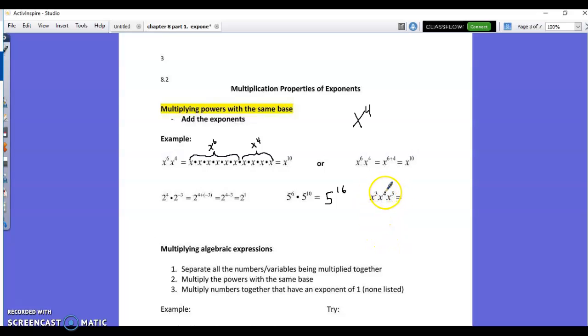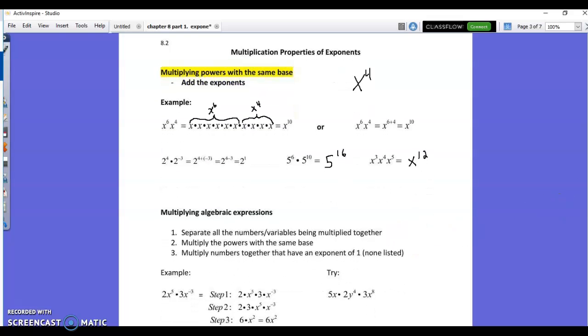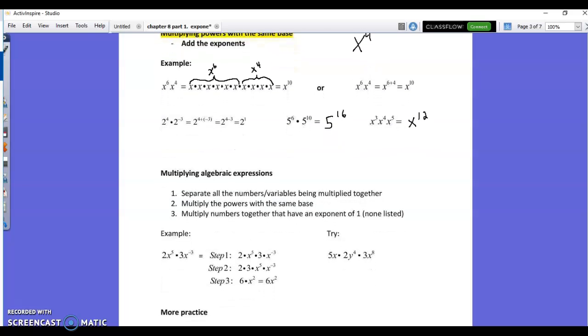So 3 plus 4 plus 5, we can think of it that way, just like we break it up here. So we have 5 plus 4 is 9, plus 3 would be 12. So this would be x to the 12th power. Okay, so that is the general rule on how we would multiply exponents that have the same base.